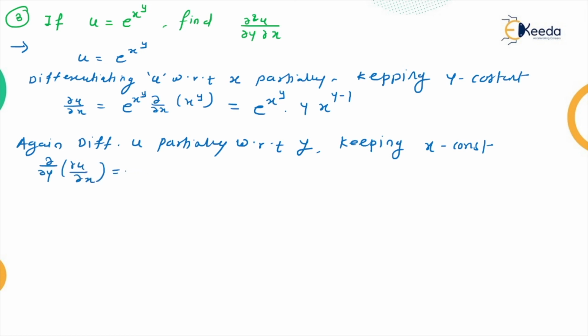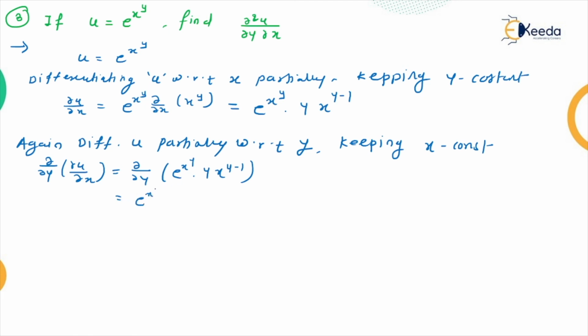So it means ∂/∂y of e to the power x raised to y into y x raised to y minus 1. We have to take the product rule for that.